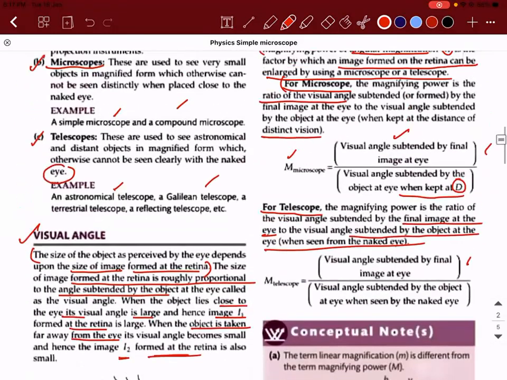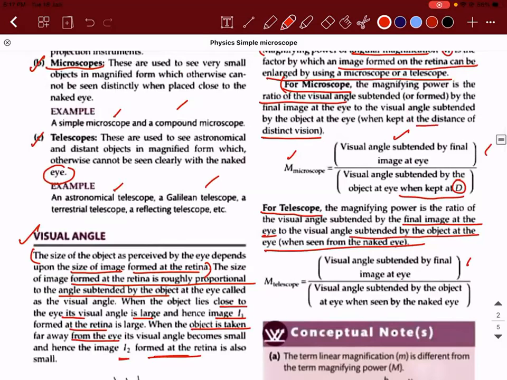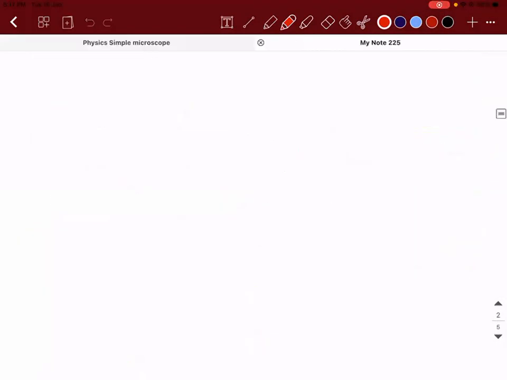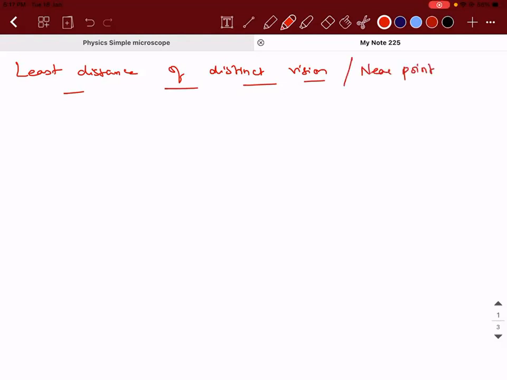Now, I have to explain what this least distance of distinct vision means. It is also called the near point.